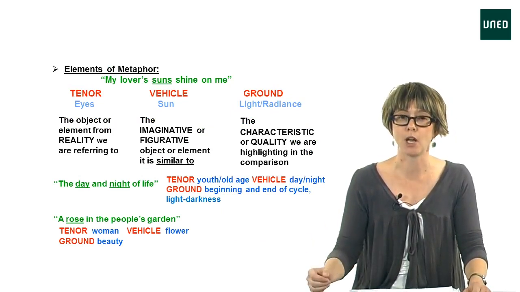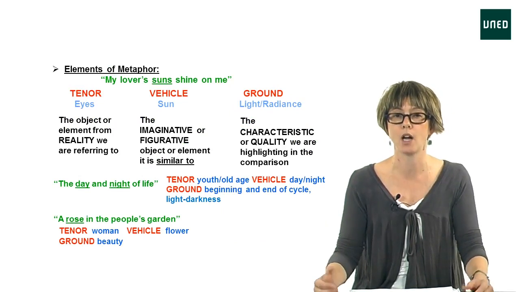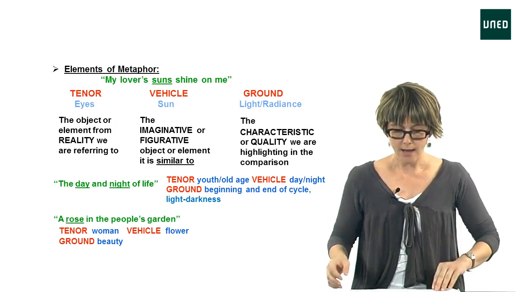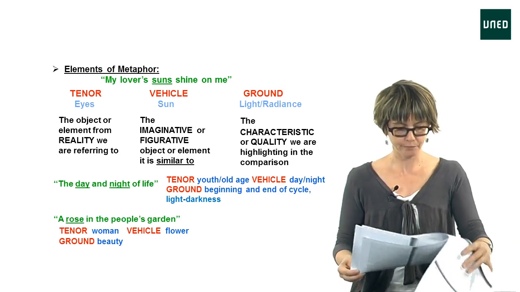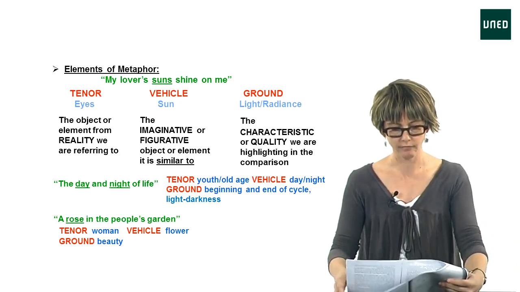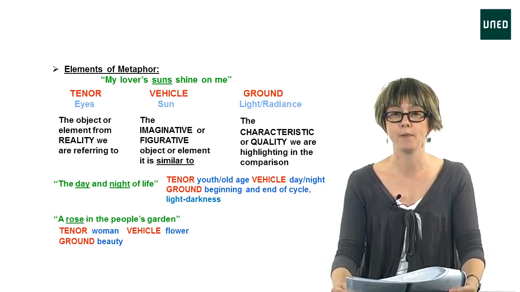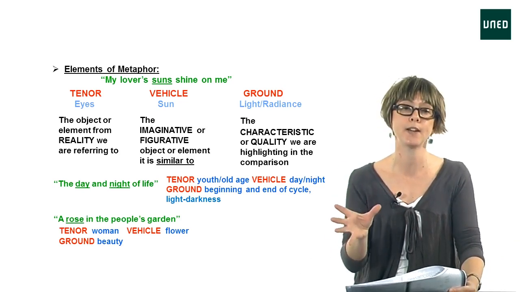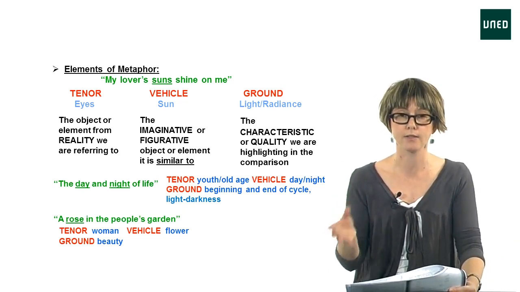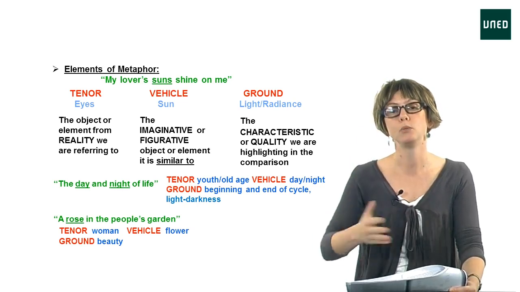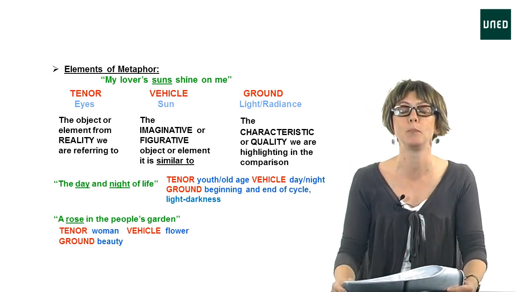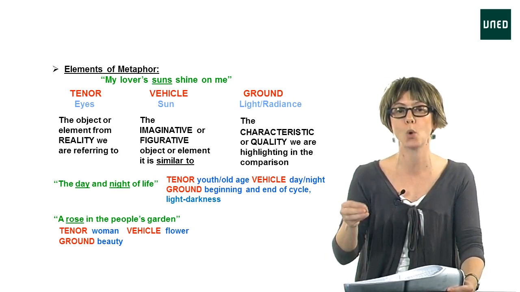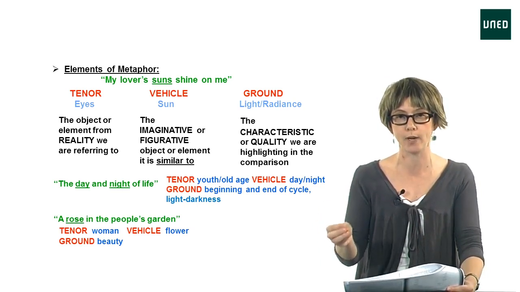Working again with the same line, "My lover's sun shines on me." In this line, the tenor of the metaphor will be eyes. That is the object or element from reality we are referring to.